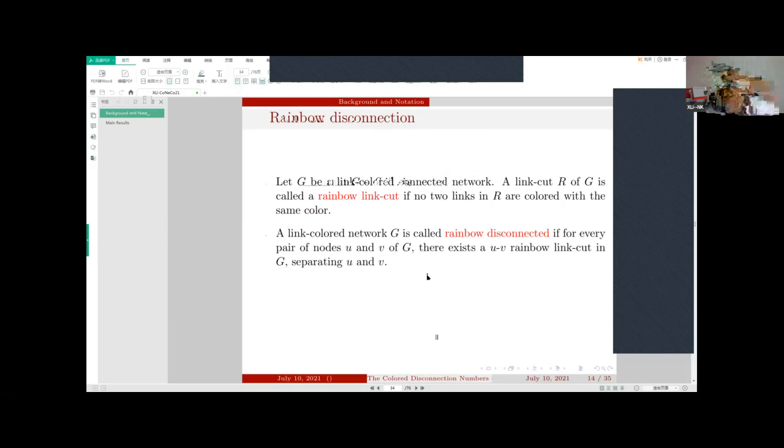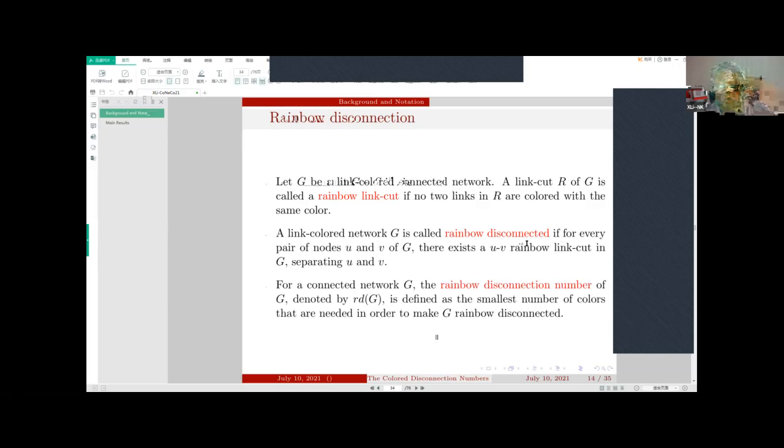Now we talk about rainbow link cuts. That means all the edges in the cut have different colors. A link-colored network is called rainbow disconnected if for any pair of nodes there is a rainbow cut to separate them.